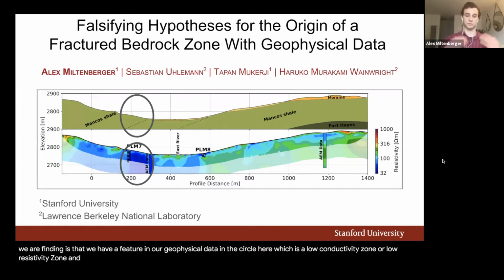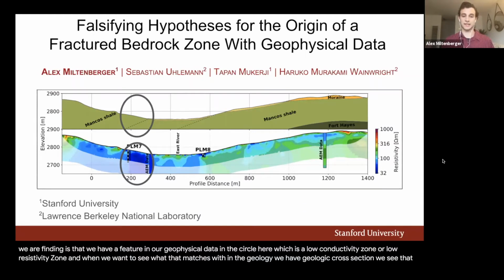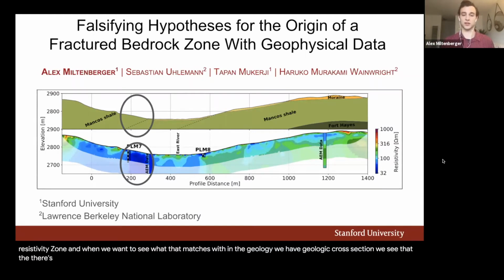And when we want to see what that matches with in the geology, we have a geologic cross-section. We see that there's no indication in the geologic cross-section that this low resistivity zone corresponds to anything. So this work is about how to reconcile those differences.